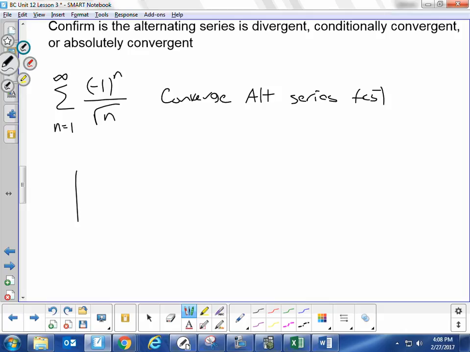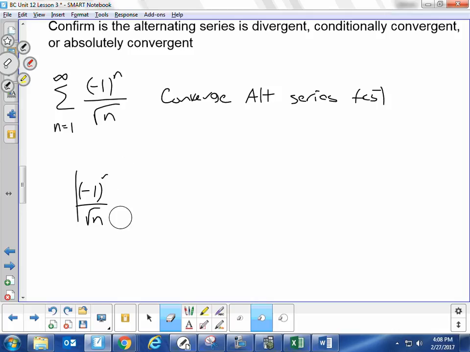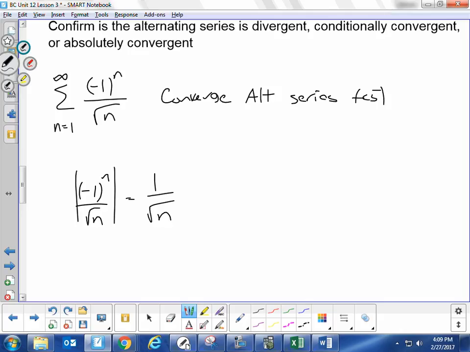However, we look at the absolute value of negative 1 to the n over root n. This would turn into 1 over root n. And if we look at this sum, starting from 1 and going to infinity, we know that this diverges. Why does this diverge?